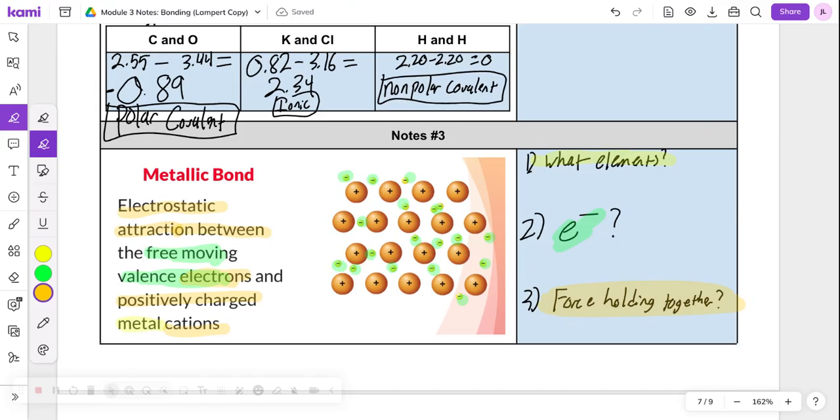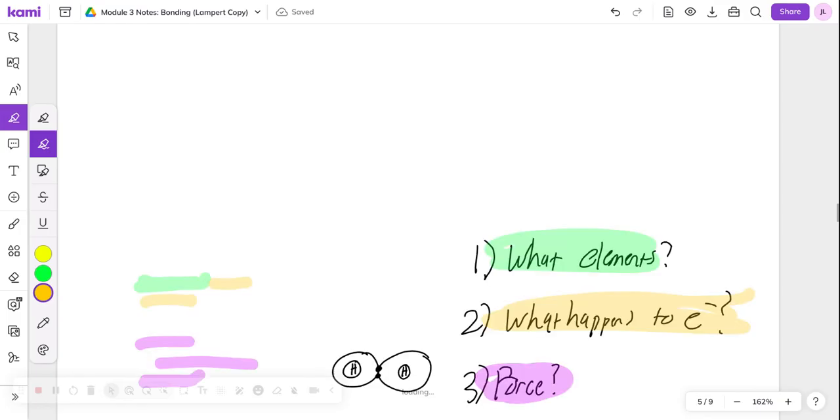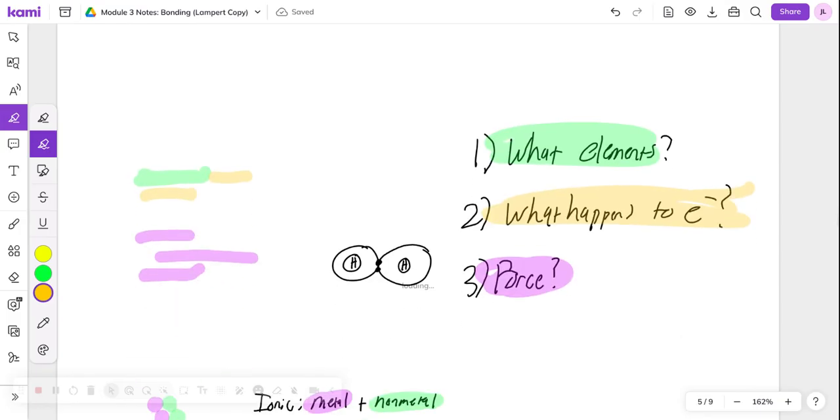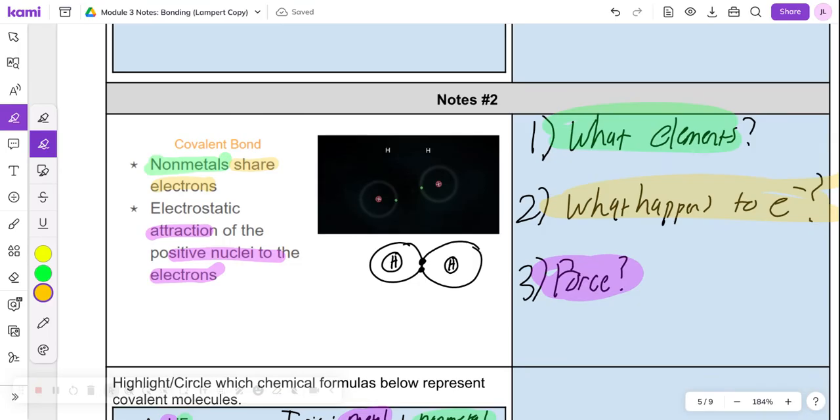So now that we've gone over the three things we need to know for a metallic bond, I also just want to do a quick review of covalent bonds and ionic bonds. So remember, covalent bonds are made of only nonmetals, and those nonmetals share the electrons.